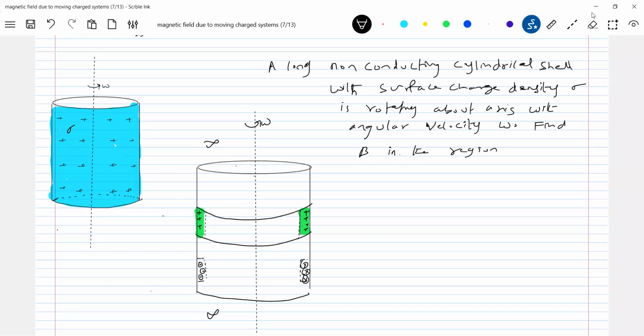Because of omega, look at how the velocity here will be in this direction. Now let the width of this be ds, and let this be dl.